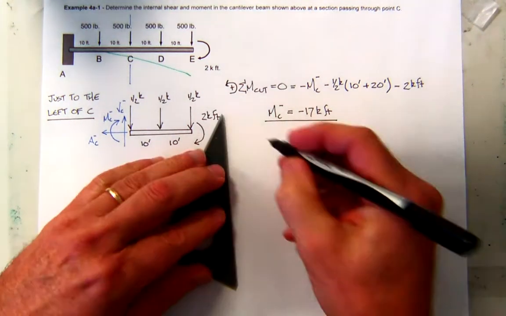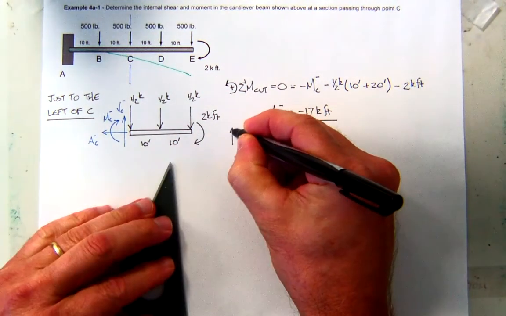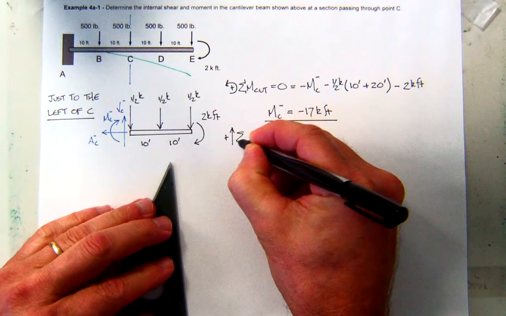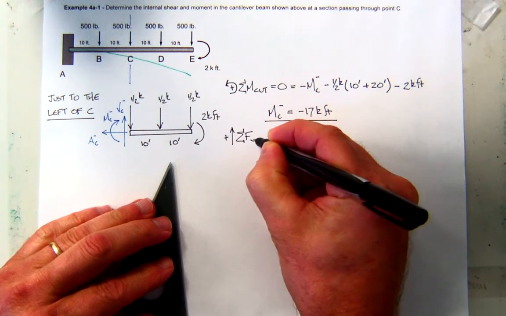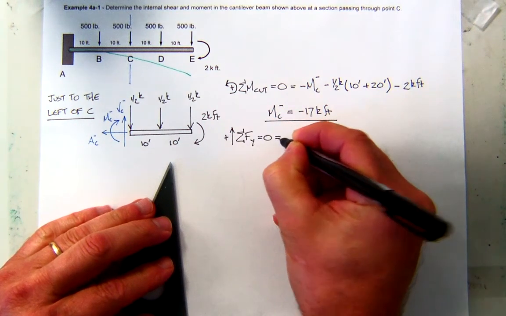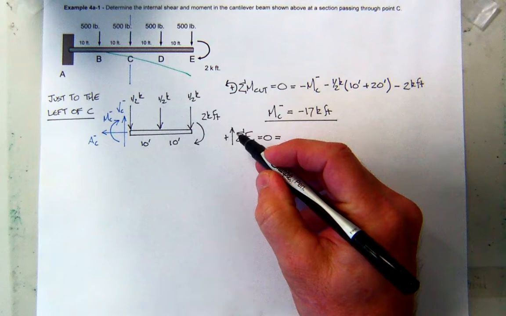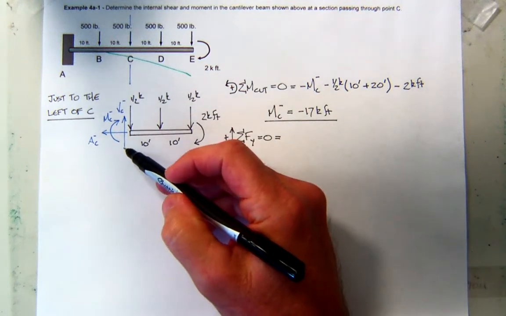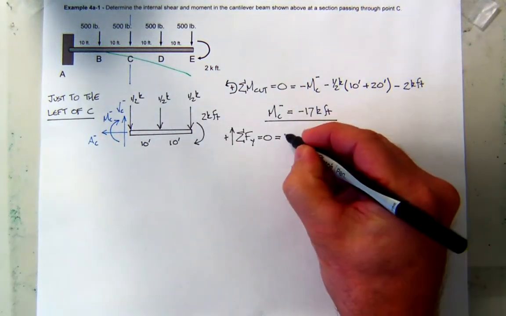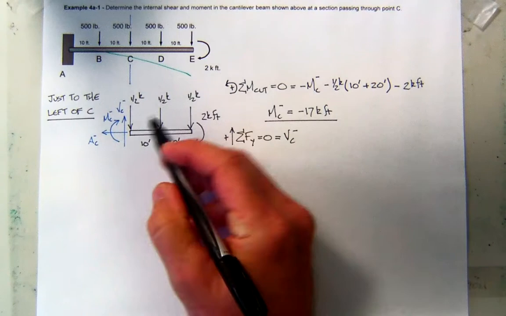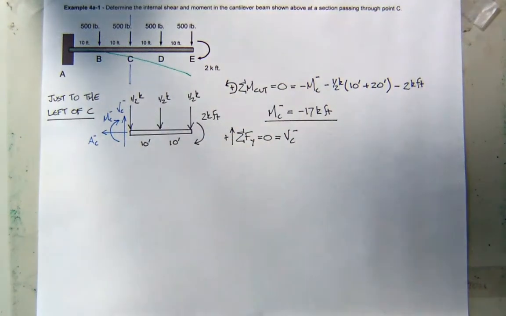Let's find the shear force. We'll just sum forces in the y direction, again to make sure it's in equilibrium. Again, I'm assuming up is positive, so I look at my shear force, and it is up. Then I've got 1, 2, 3 half kip forces acting down.